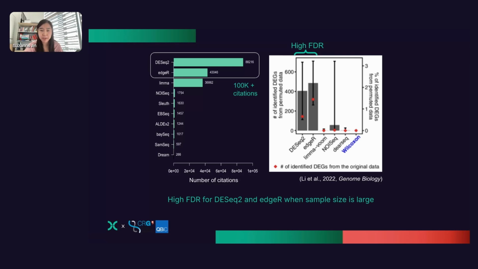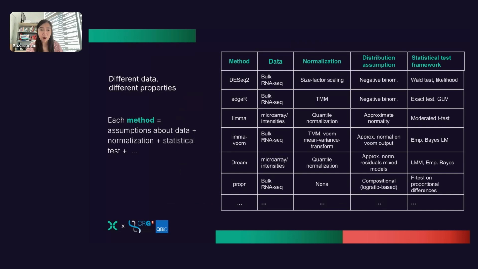Up to here, you may ask, what are the specific reasons driving this? In part, this is because different datasets have different properties in terms of noise level, batch effects, sparsity, and even the size of the data. So far, there is no universal method that can cover all these different aspects together and provide a robust answer for all the different cases.